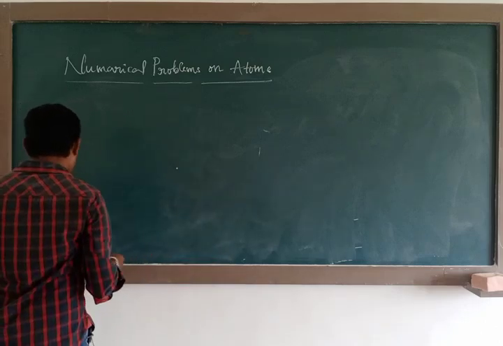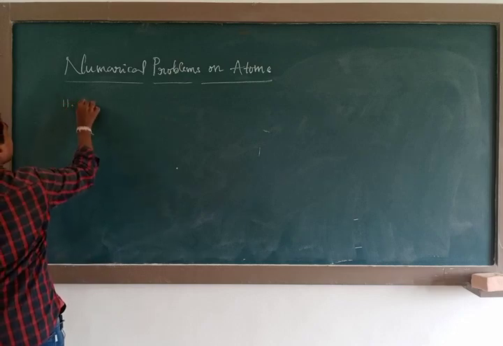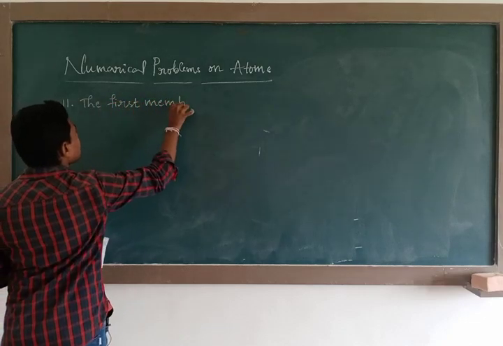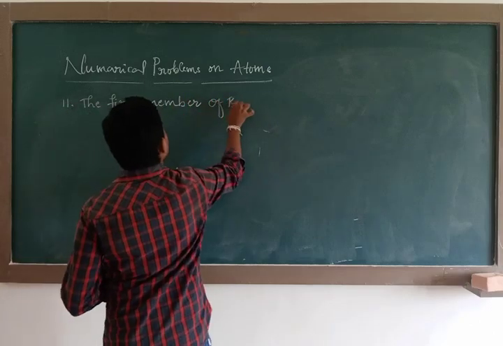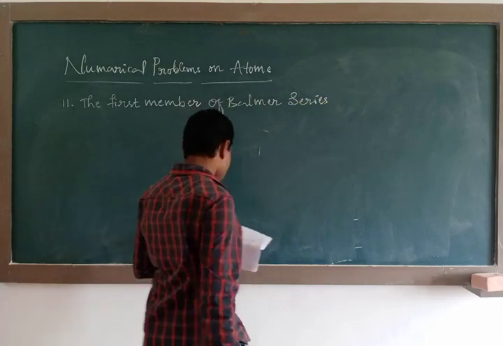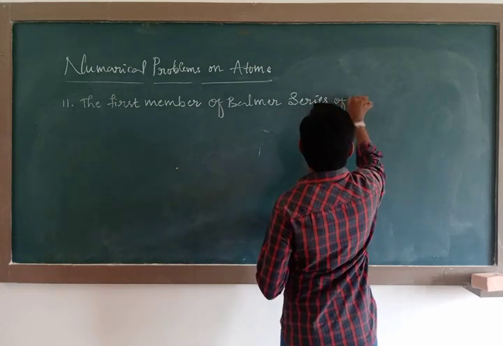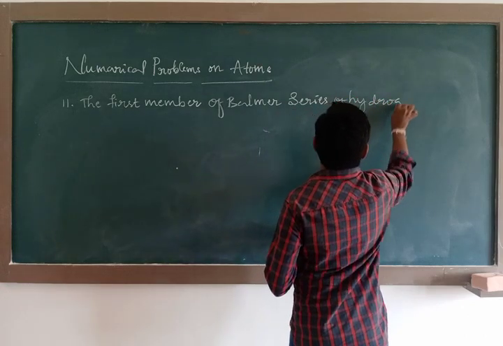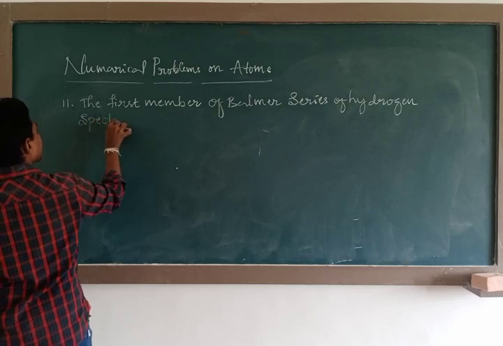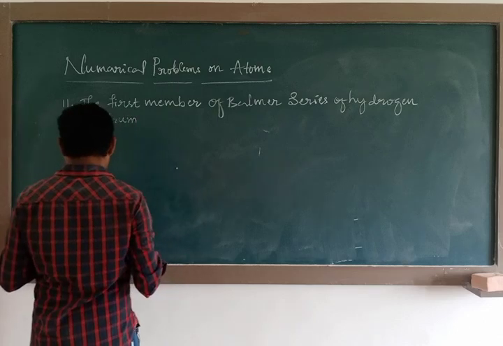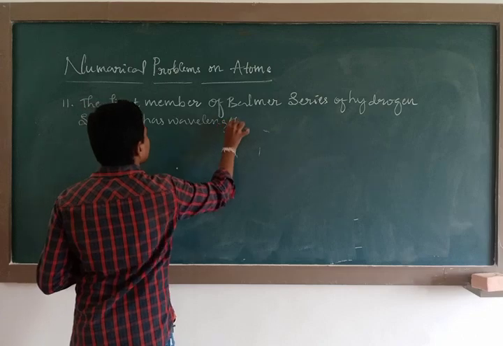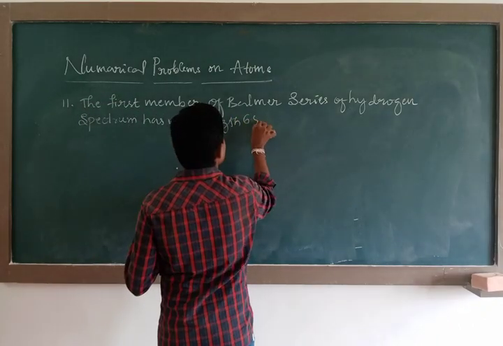Next, the first member of Balmer series of hydrogen spectrum has a wavelength 6563 angstrom.